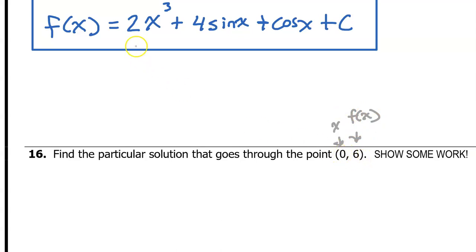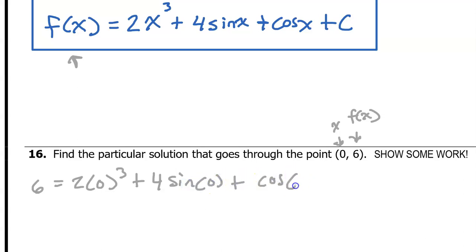In other words, the 0 is going to go in for all the x's, and the 6 is going to go way over here in the front. So I have 6 equals 2 times 0 to the third power plus 4 sine 0 plus cosine 0 plus c. I'm just trying to find c.